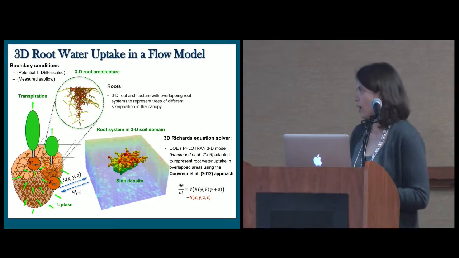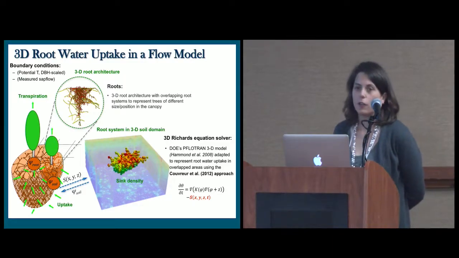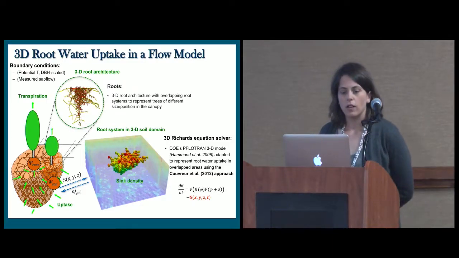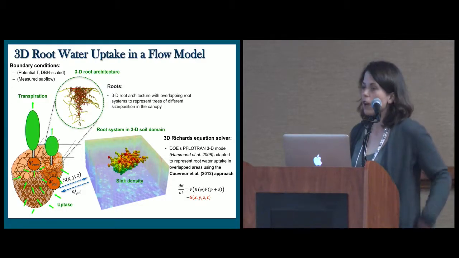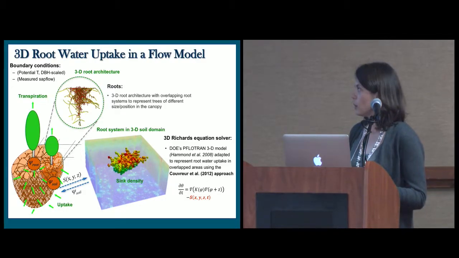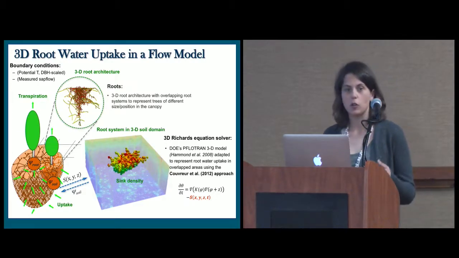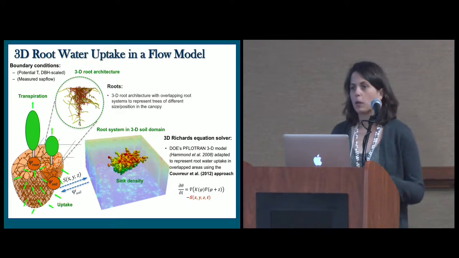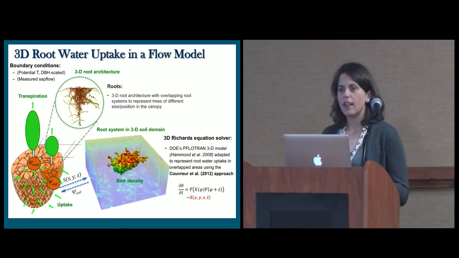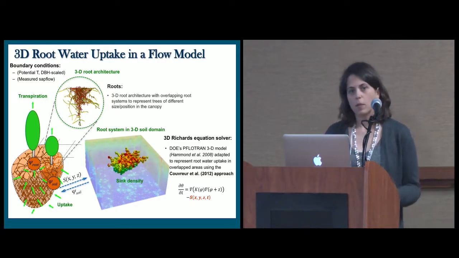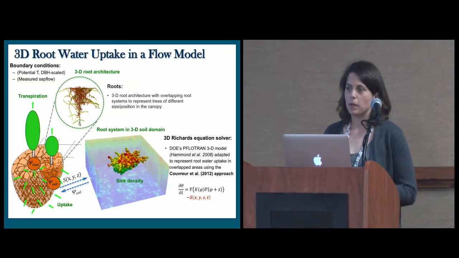So my work right now is implementing a three-dimensional model of root water uptake, and this involves several parts. For a model like this, we're actually including every single tree in the domain. So for each tree, we're creating an architecture, a root system, and we're coupling that with a flow model. The flow model that I use is called PFLOTRAN.